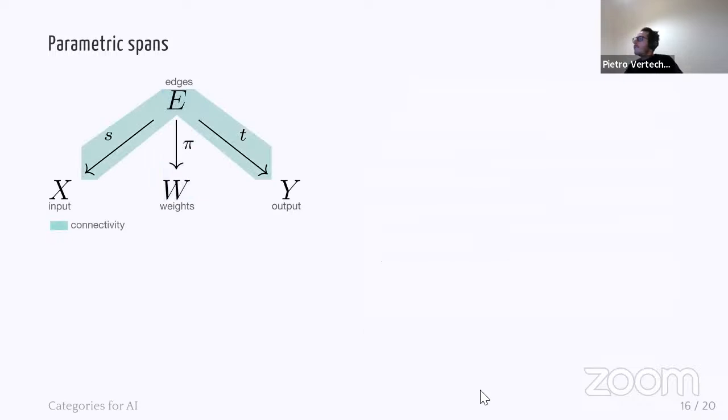So to recap what we've said about parametric spans, it's essentially a span which determines the connectivity together with a map pi from E to W that enforces some weight sharing.